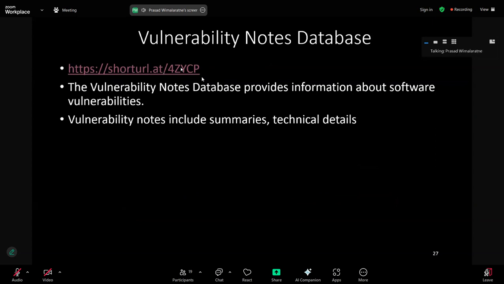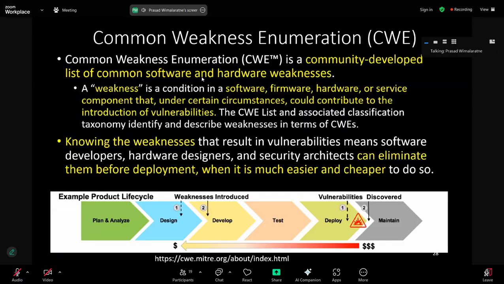Now, there are various information reports that will help us to bring this process into organizations. So one of those is this CWE, the Common Weakness Enumeration. It's like a community forum that is developing a list of common software and hardware weaknesses, which can be used to enhance our knowledge in creating secure software, secure applications.